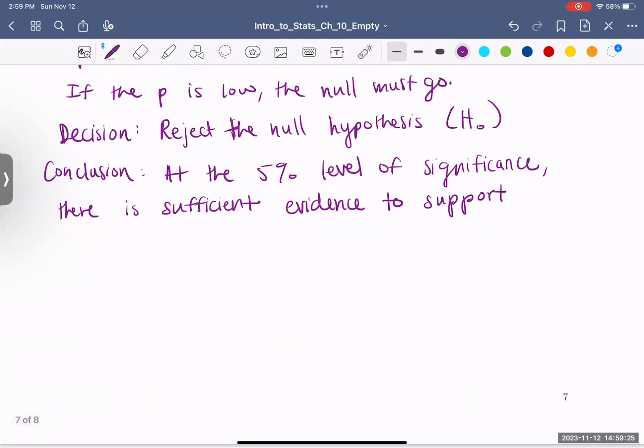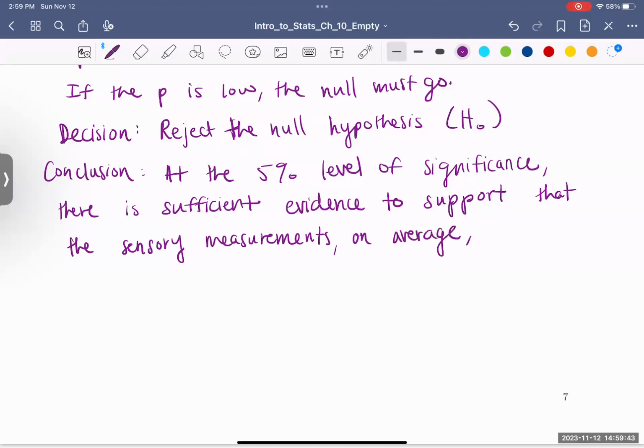So we have sufficient evidence to support that the sensory scores or measurements, on average, it's always good to put in the word average somewhere since we are talking about the means here, on average are lower after hypnotism. That's what it meant by the differences being positive, is that they were lower after hypnotism.